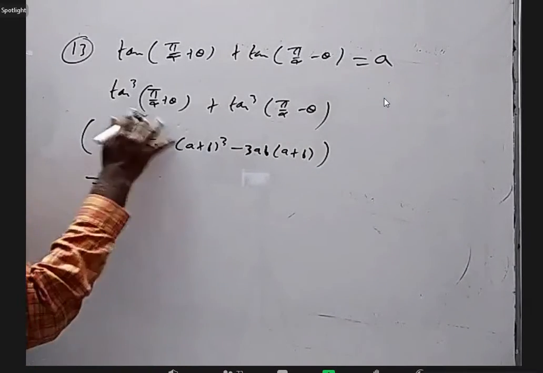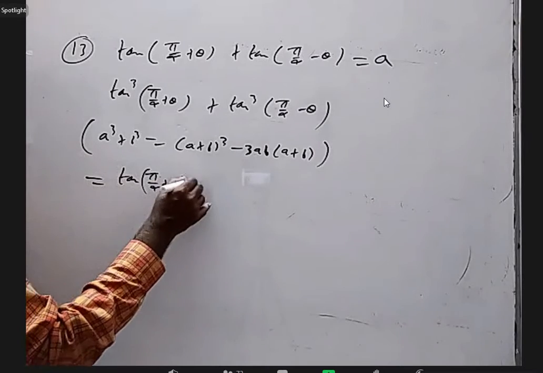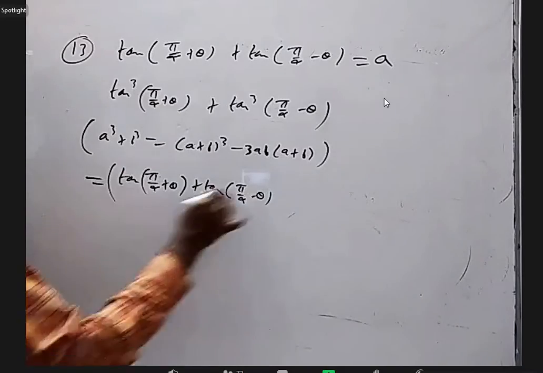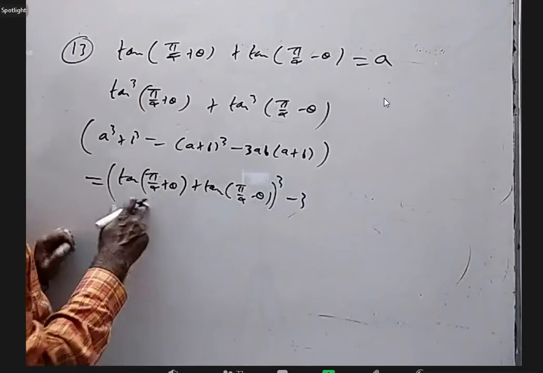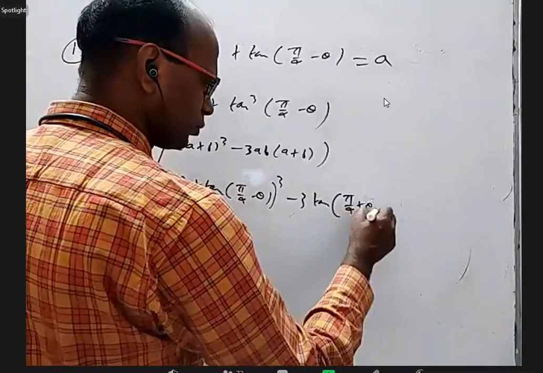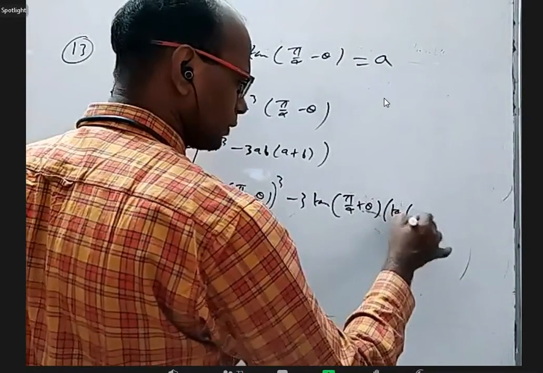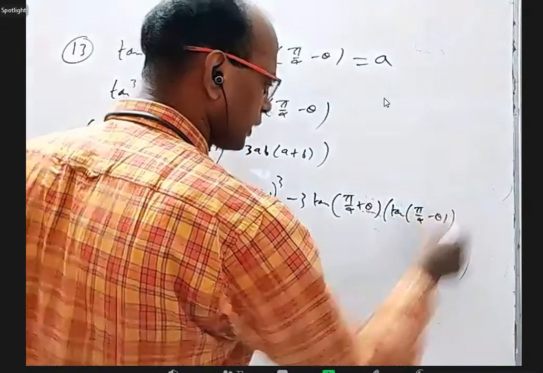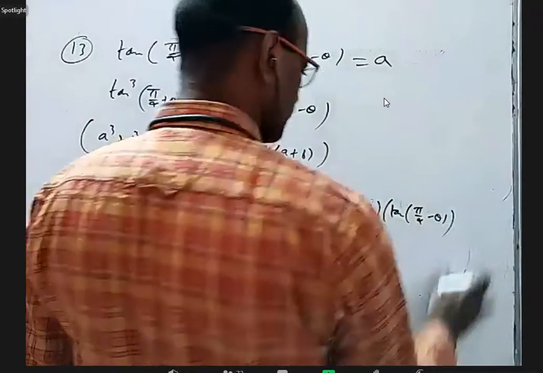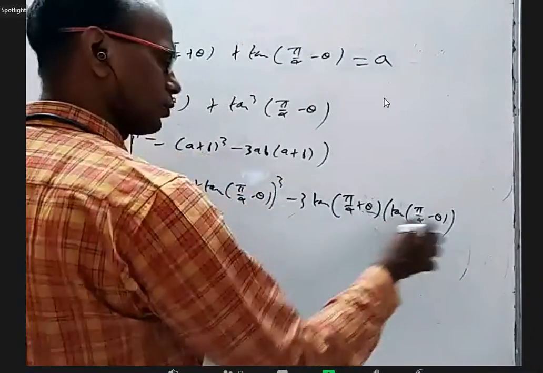So based on this formula, this can be written as tan pi by 4 plus theta plus tan pi by 4 minus theta whole cube minus 3 into their product, tan pi by 4 plus theta. So the product will be 1, sir. Yeah, into tan pi by 4 minus theta, into their sum, sorry, 3ab into a plus b.